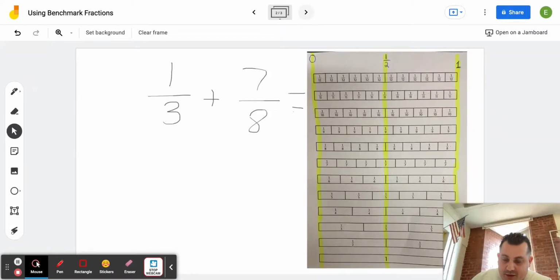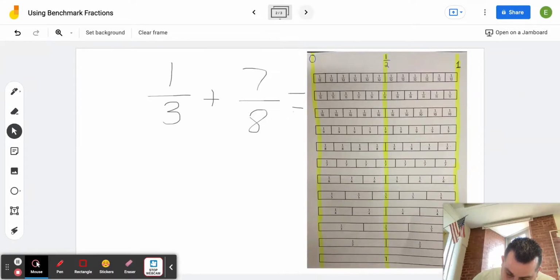What you want to do is locate where on our fraction chart 1/3 is. So 1/3 is going to be right here. There's 1/3. You may want to color it in, but you don't have to.